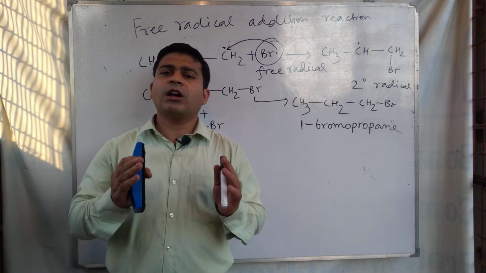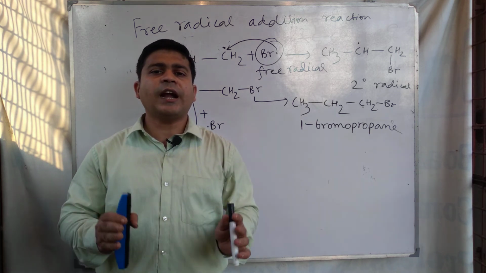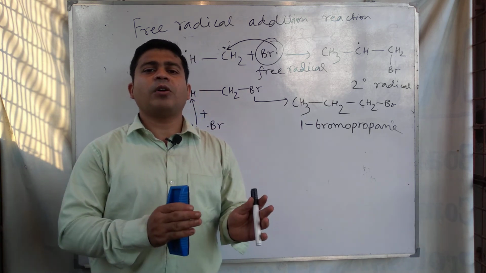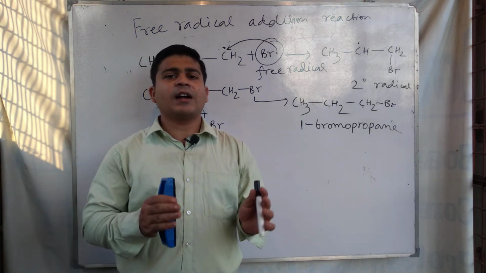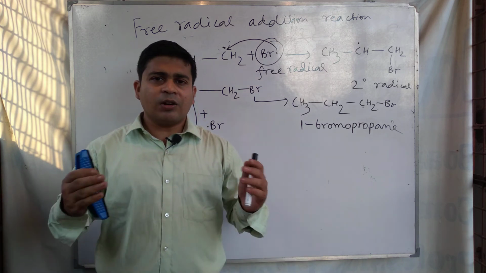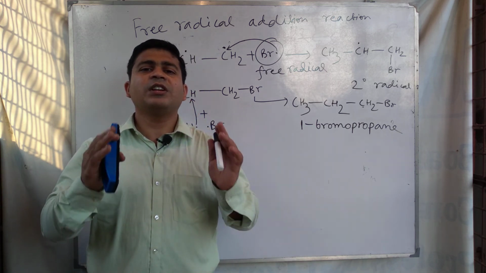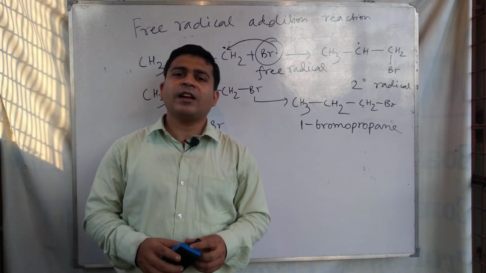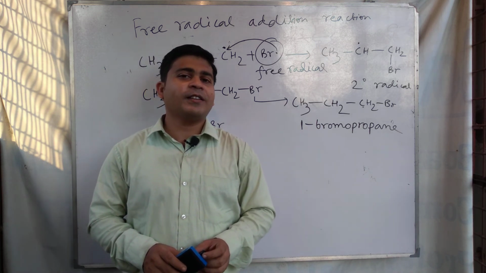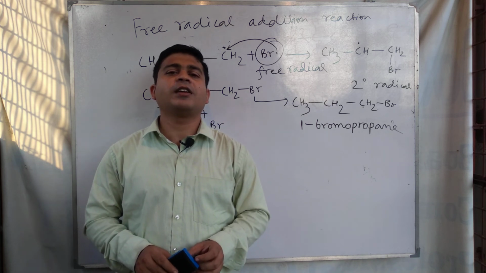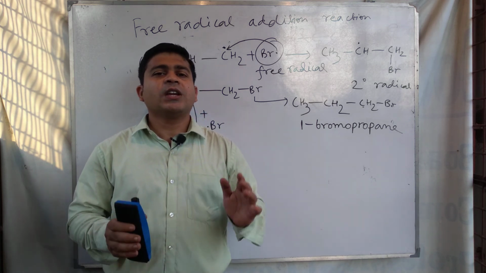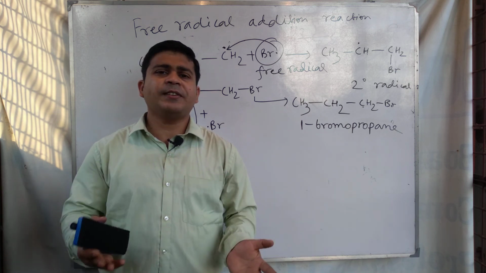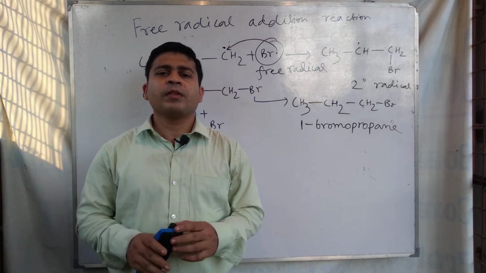So that is the process of free radical addition reaction. So these are the three kinds of addition reactions. That is the discussion that I wanted to make, the types of addition reactions in organic chemistry.